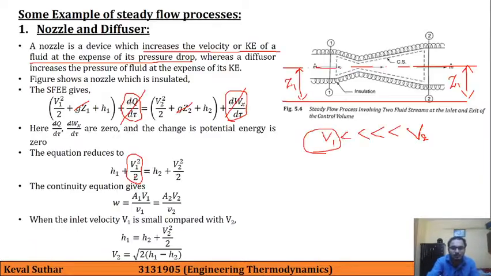So by applying the steady flow energy equation, we have obtained the exit velocity V2 of the nozzle, and that is the square root of 2 times the enthalpy difference between two sections. So this is the example of nozzle, and here I have also written diffuser. You can do this by yourself, it will be exactly similar to the nozzle theory. The only difference is that here we get pressure energy at the expense of kinetic energy.